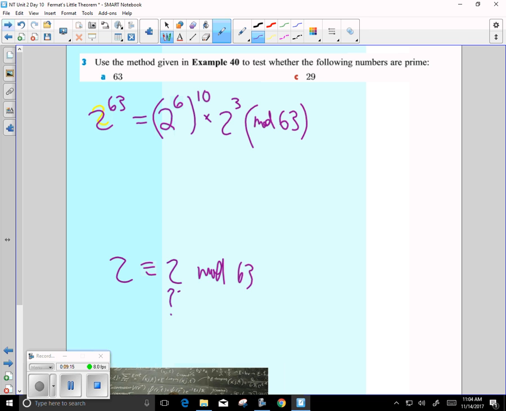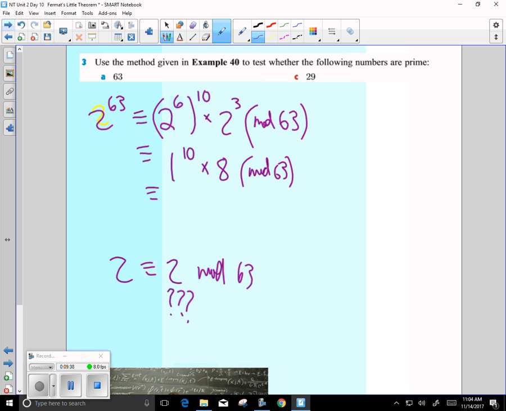All right? So this is congruent to, let's see, 2 to the 6th is 64, correct? So 64 mod 63 is what? 1 to the 10th times 8 mod 63. Okay?